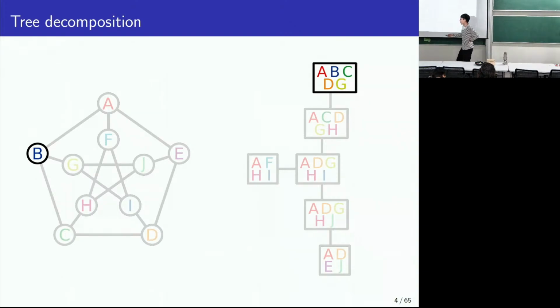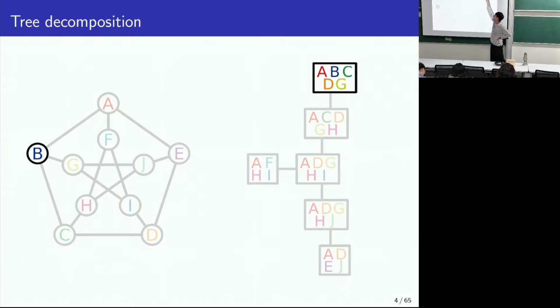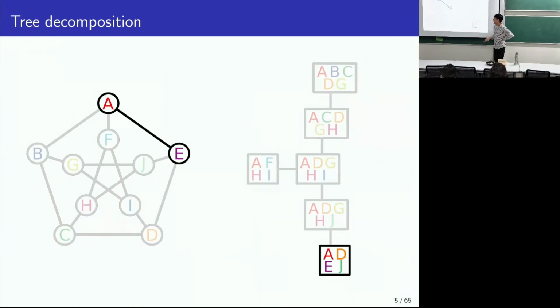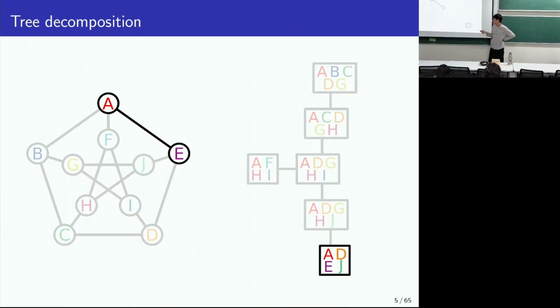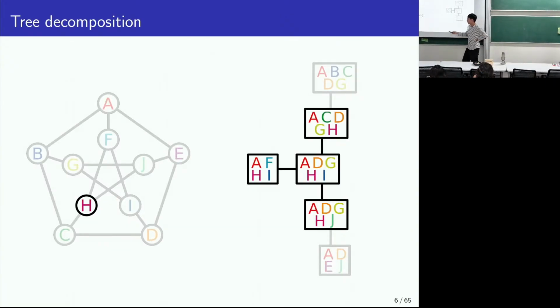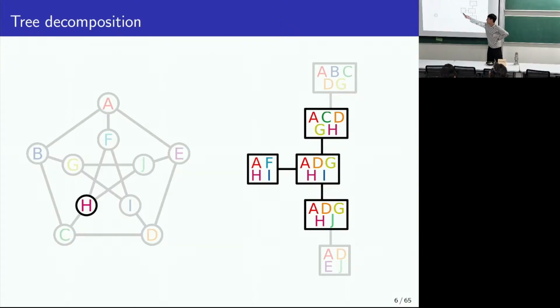First, for each vertex in the original graph, there must be a node that contains that vertex. Second, for each edge in the original graph, there must be a node that contains both vertices of that edge. Last, for each vertex in the original graph, the nodes that contain that vertex should be connected in our tree. So those are the three conditions we have to satisfy.